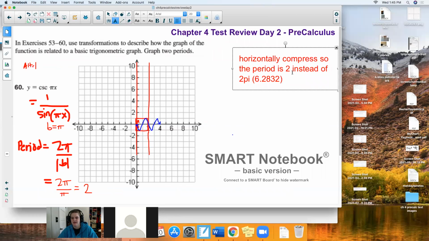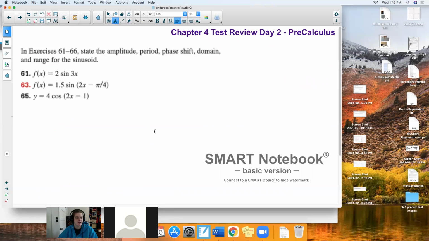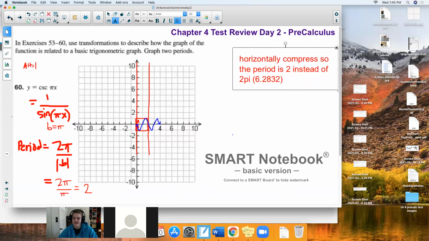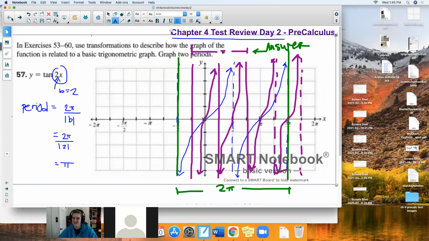So clearly if it used to be 6 and now it's 2-ish, it's going to compress it. So squish. All right, maybe. Any questions on graphing? Because yikes.